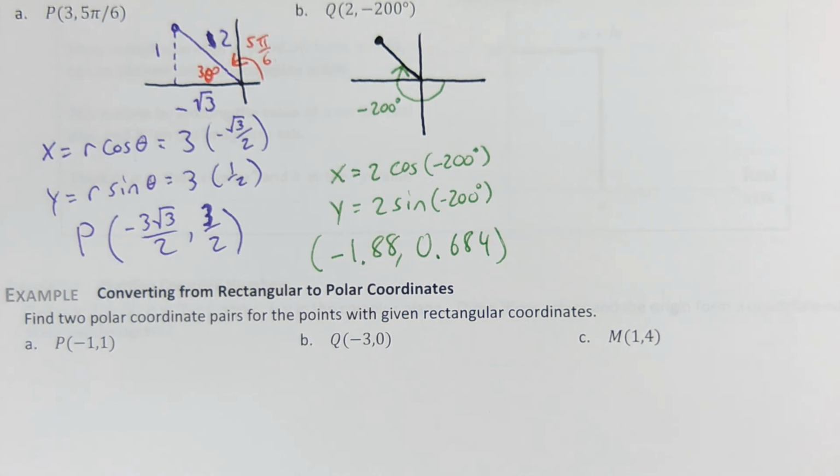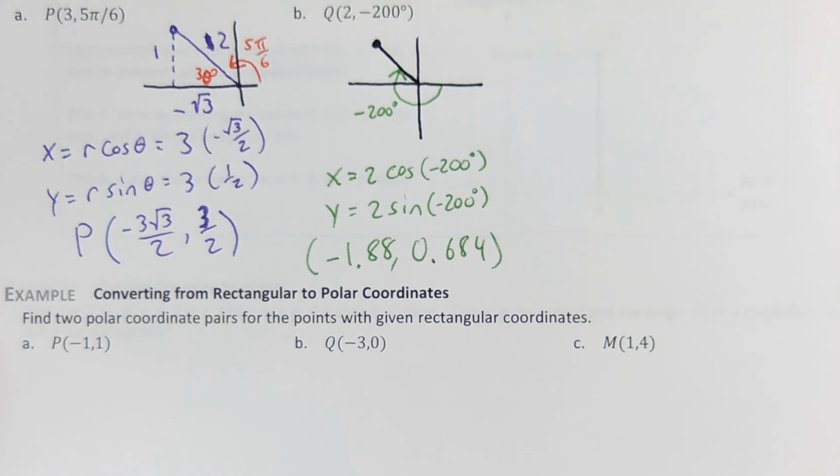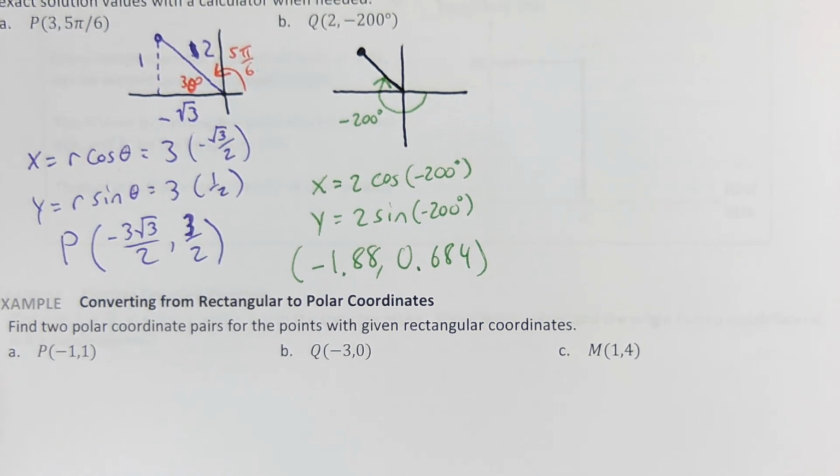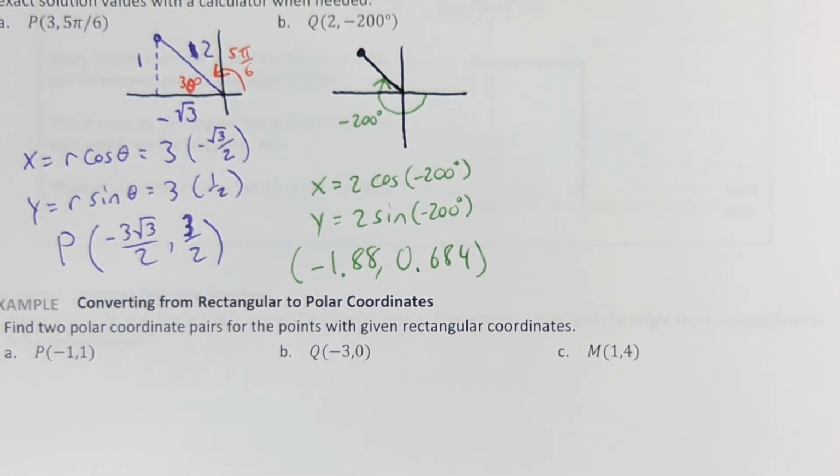And I kind of want to answer Zach's question, and I want to throw an example C on here, one with a negative radius, just so we can see what happens. All right? And we'll use a positive theta.